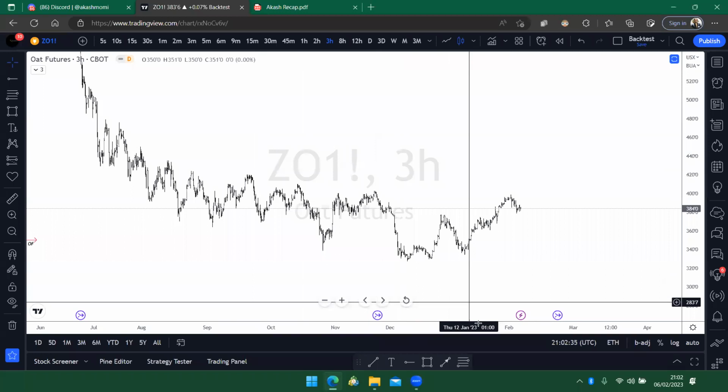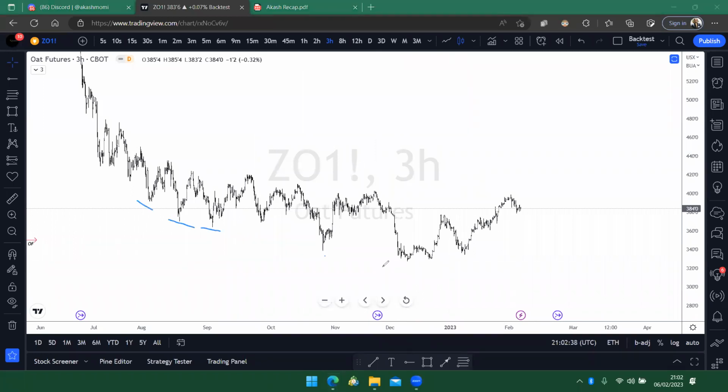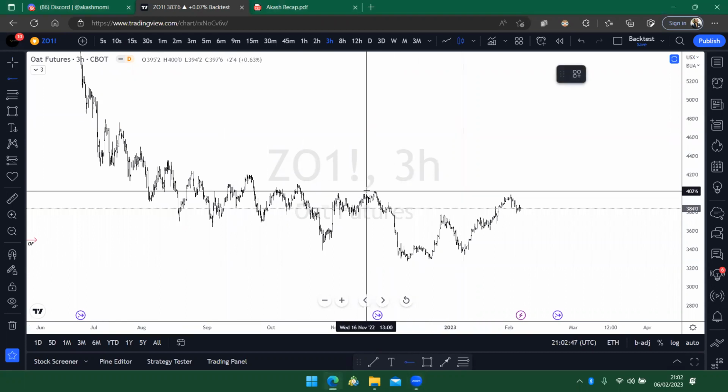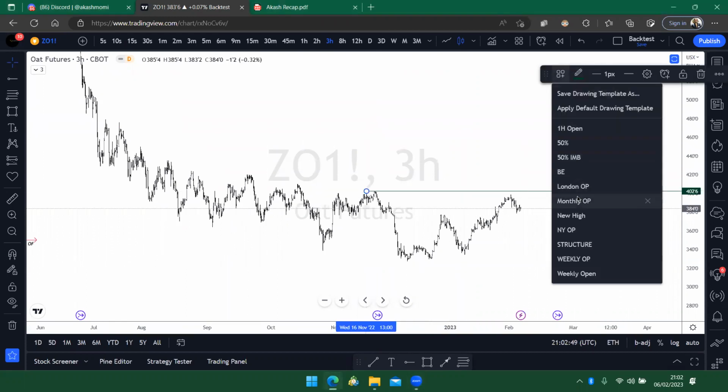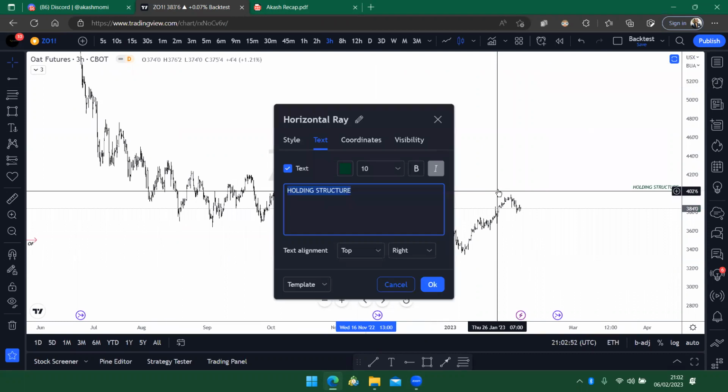And then yeah, we can see, look how price is just walking itself down. So for me, this is my structure leg, lower time frame here.